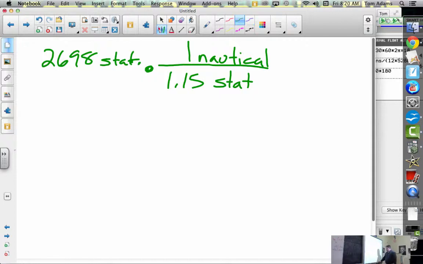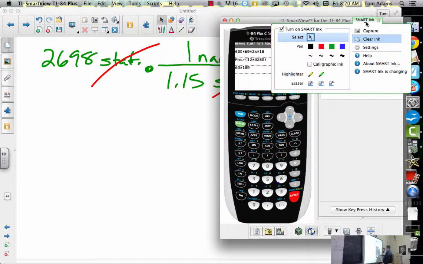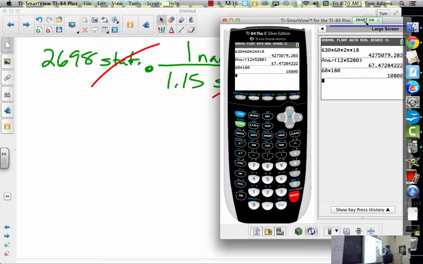Okay? So what we have here is the statutes cancel with this, and we're going to take the 2698 and divide it by 1.15, right? Let's see what we get. 2698 divided by 1.15. So 2346, roughly.